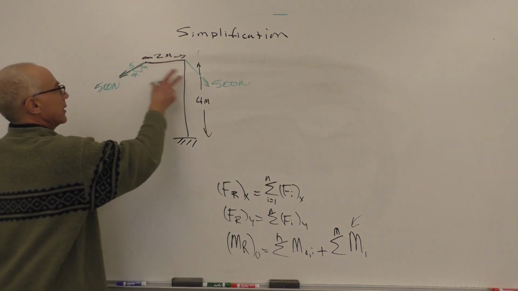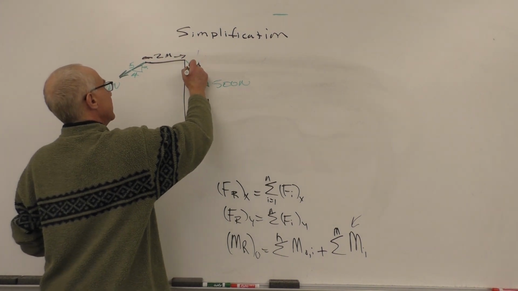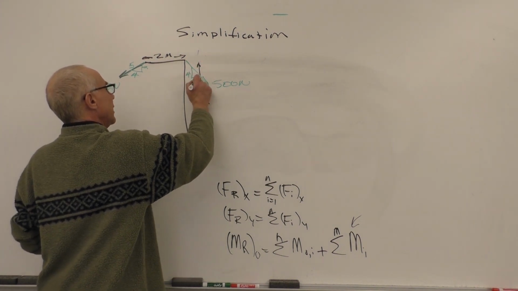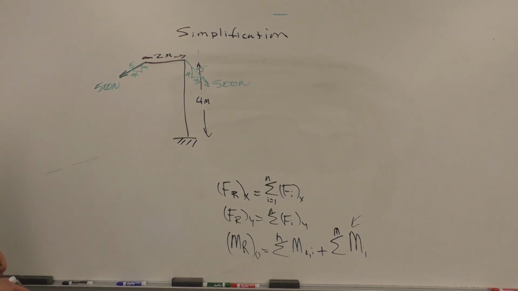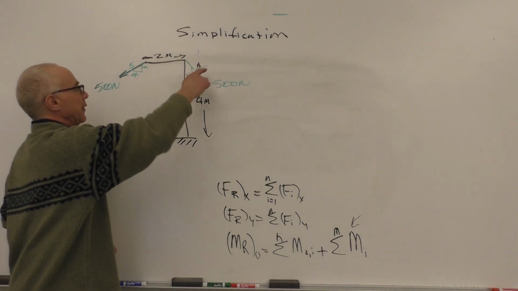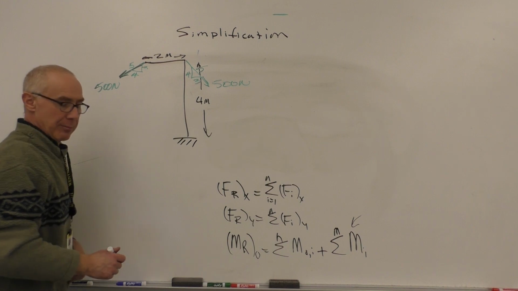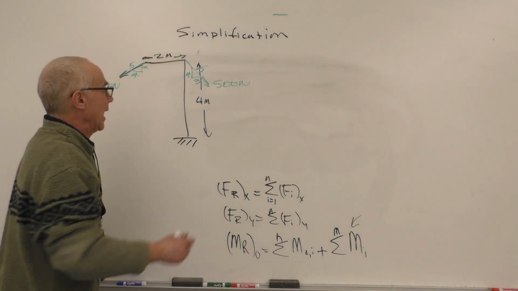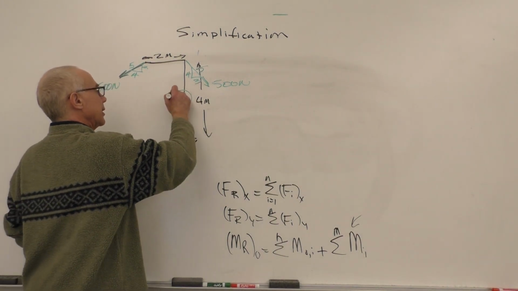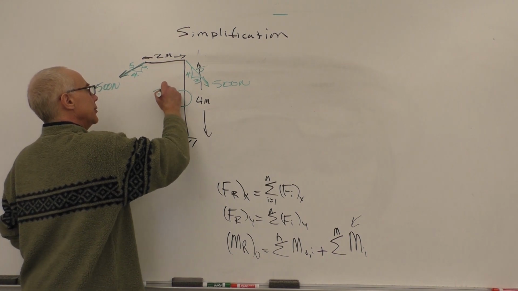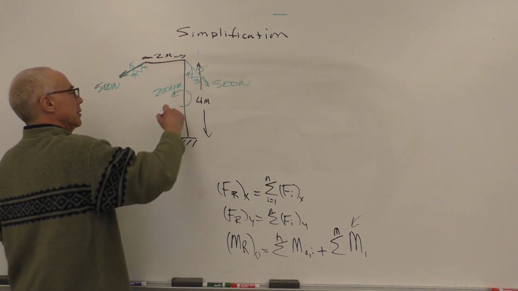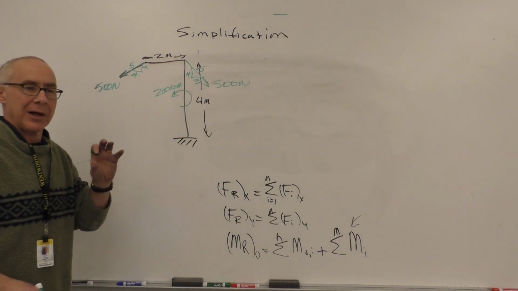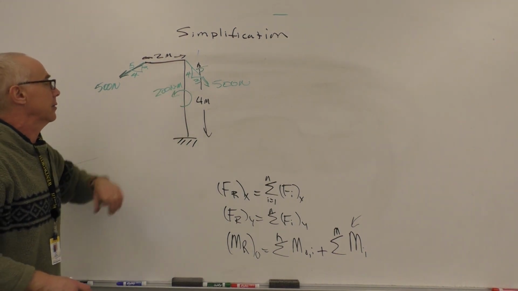The length of that vector should be the same as the length of that one, approximately. Also a 4, 3, 5 triangle. And then we have a couple moment acting right here, 200 Newton meters, and it's counterclockwise, so it's positive. The magnitude of that vector is positive.